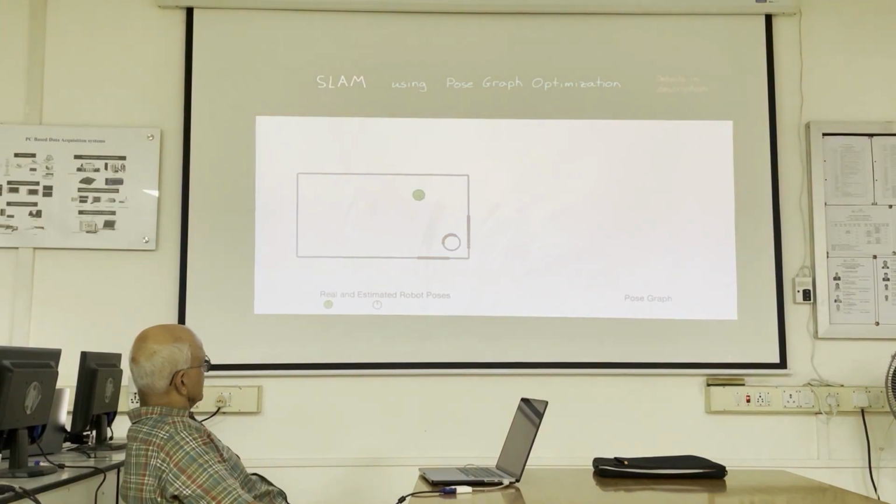This measurement is associated with the current estimated robot pose, and we can add both to the pose graph. So essentially what we're doing is saying that this pose is defined as an X and Y location and a rotation angle. And along with it, we save off the distances and angles to the sensed obstacles. Now, there's also uncertainties associated with this pose entry, but I'll get to that in a second.